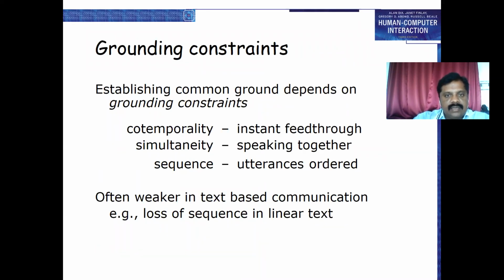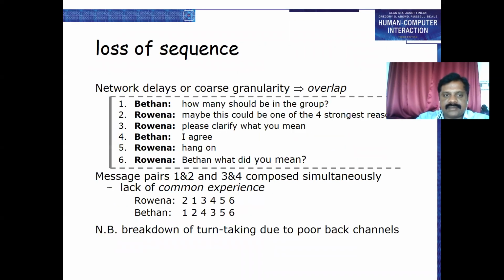Next, grounding constraints. Establishing common ground depends on grounding constraints: contemporality, simultaneity, and sequence, which are often weaker in text-based communication. For example, loss of sequence in linear text. Next, loss of sequence.